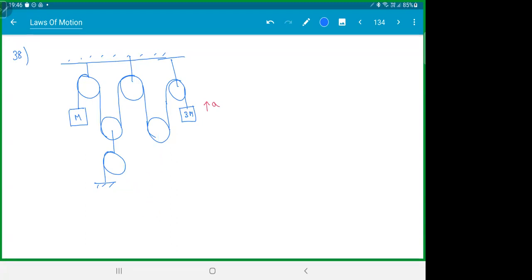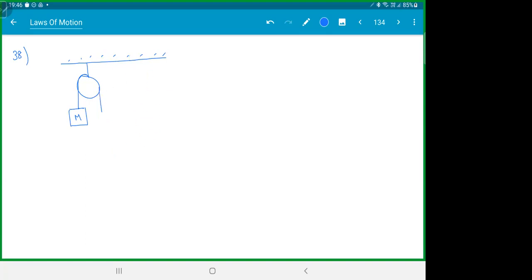Wait, this will go wrong actually. This will go wrong, don't do that. Yeah, better. Let's get this thing. That will be T0 actually. That whole thing will actually fall with g acceleration. That is wrong. I'll show you that also.